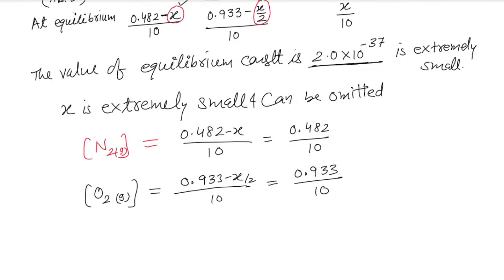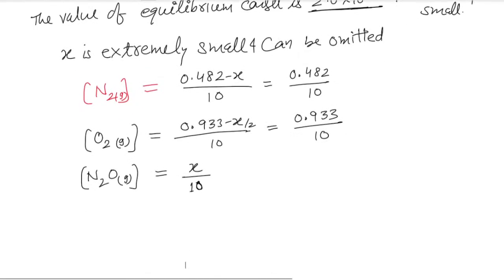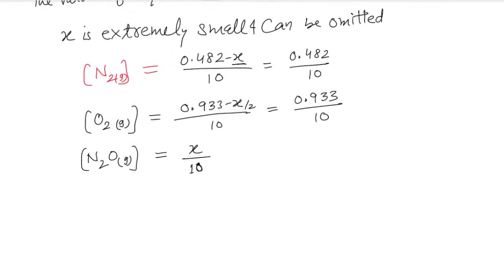But if you talk in terms of product, N2O is product, but there is no other number. That is why X remains intact. You should not take it as 0. Okay. X by 10 remains as such. They are neglected because they have compared with 0.933 and 0.482. Okay. So, this is the thing.